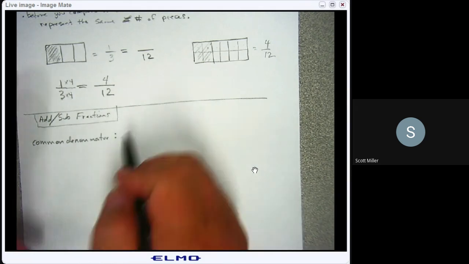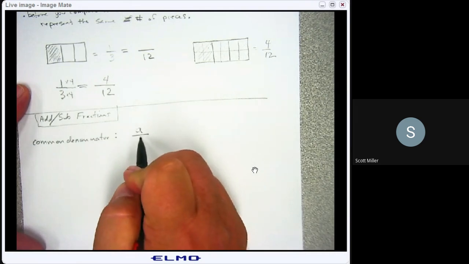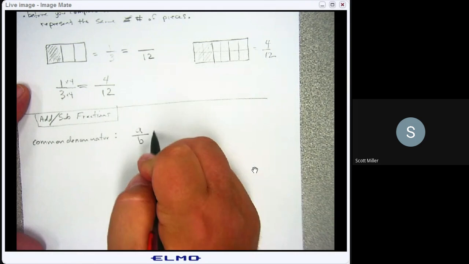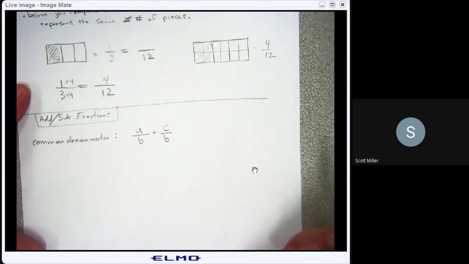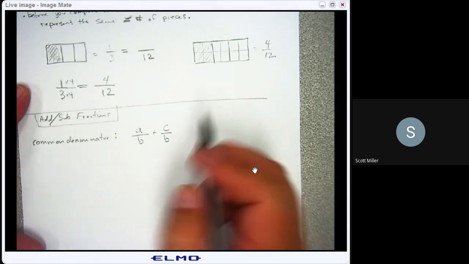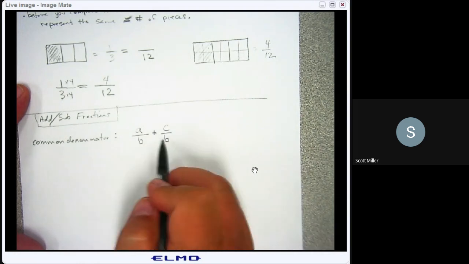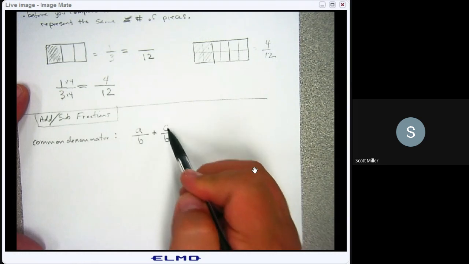And so here is mathematically the symbols associated with this scenario. So if I have a fraction where b is the denominator, and I add another fraction where b is the denominator, whether this is addition or subtraction, it's irrelevant. It's the same process no matter what. Well, if the denominators are the same, I have this many slices of this type, this many slices of this type.